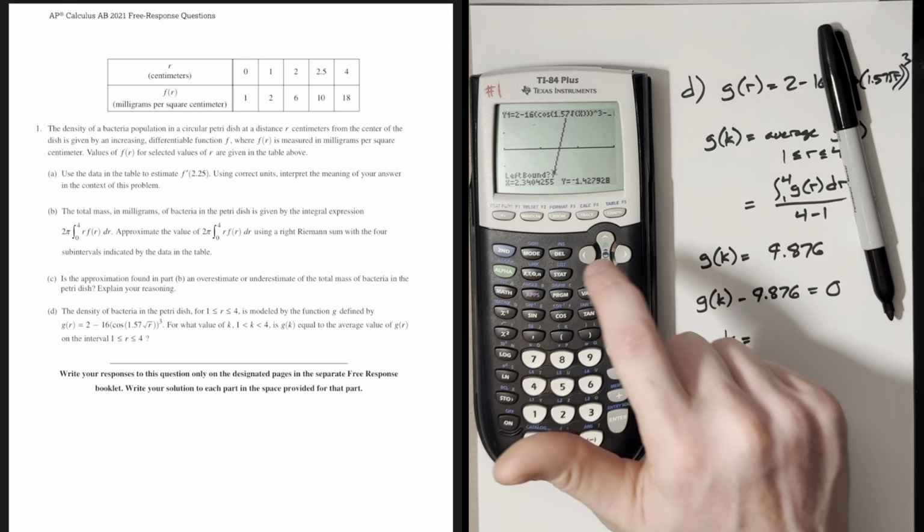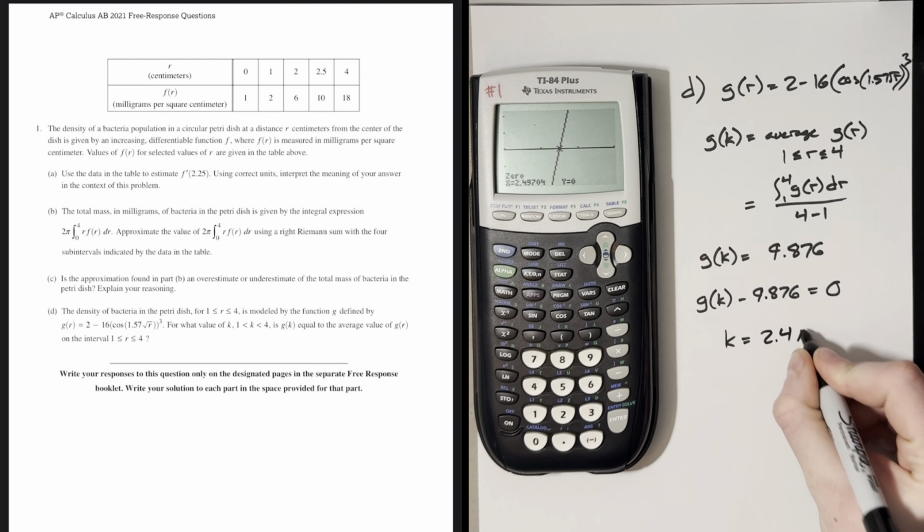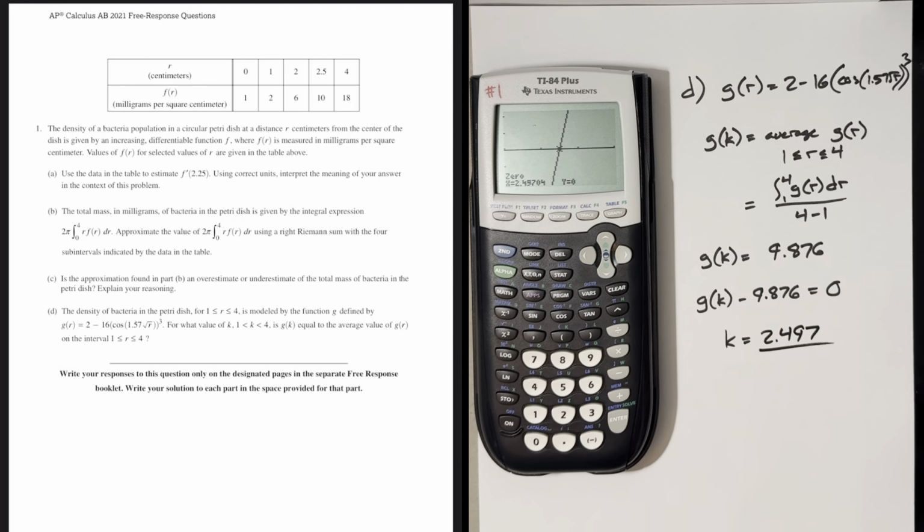I click enter, approximate, boom, 2.497. And that is our final answer. So that is the value k, which is a radius, that makes it so that our instantaneous g of r is equal to my average g of r. So that is our final answer.